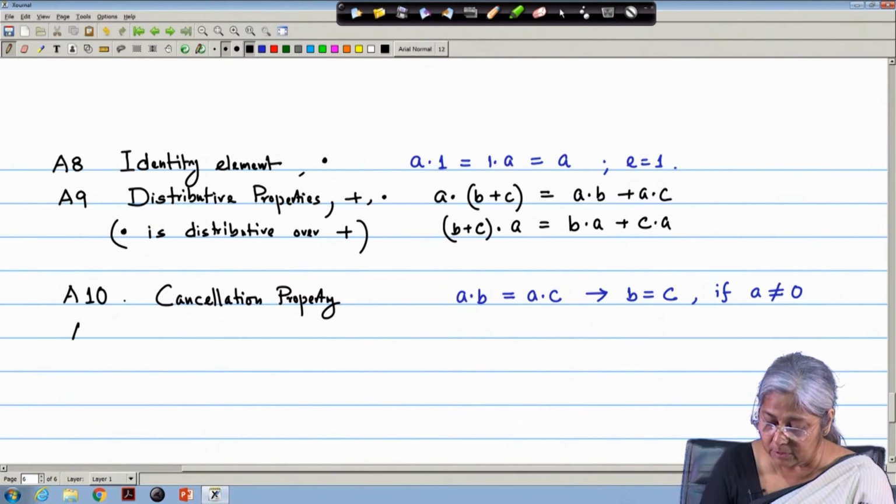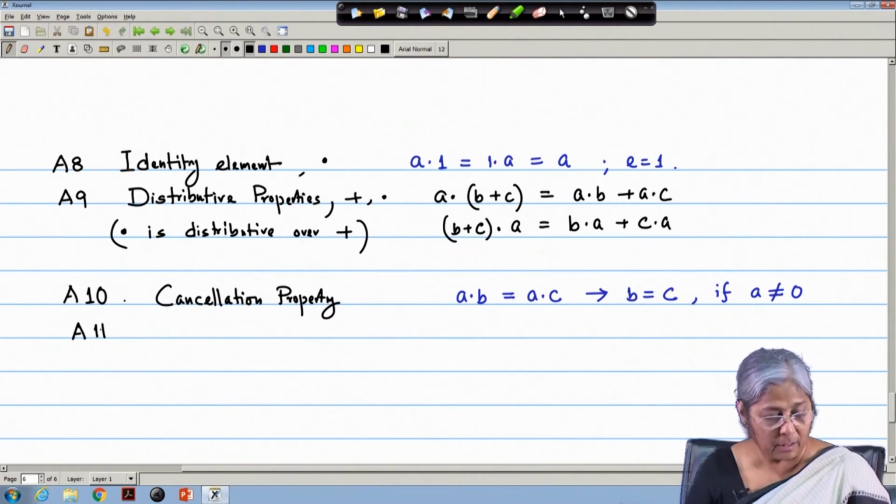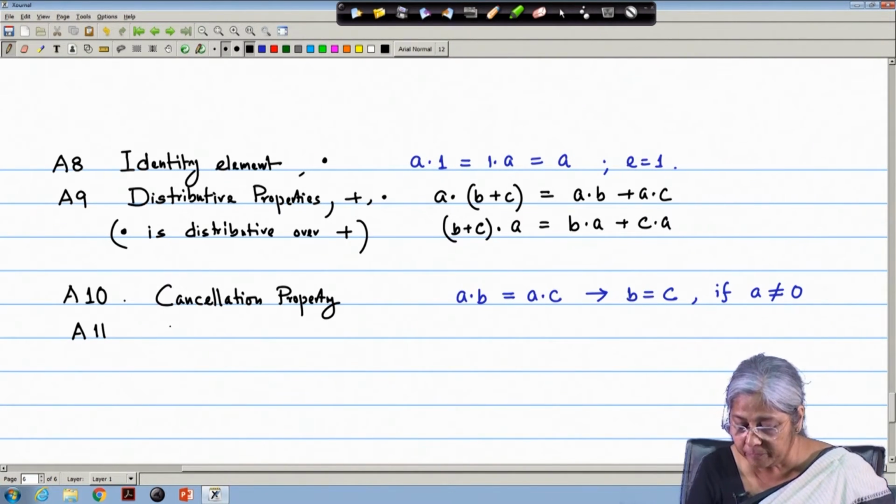Now, another is the idempotent property.